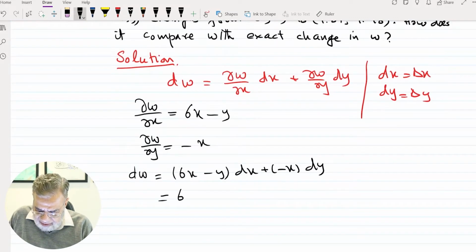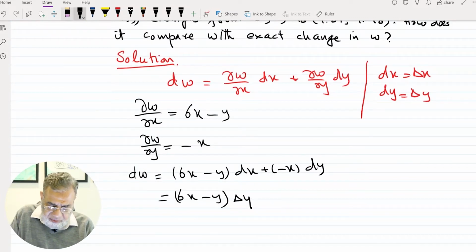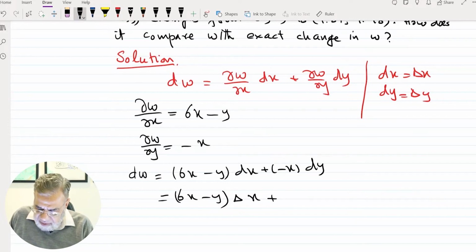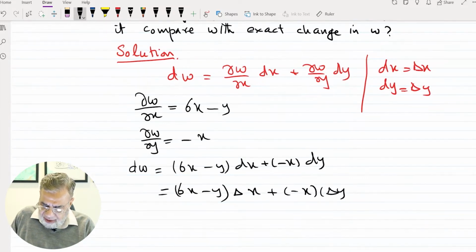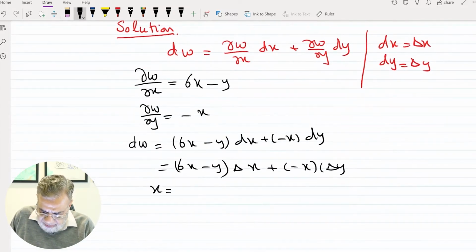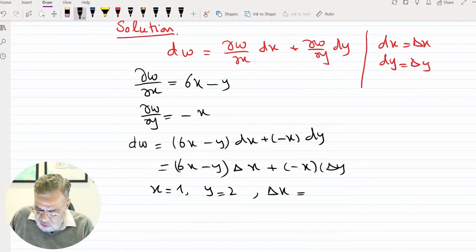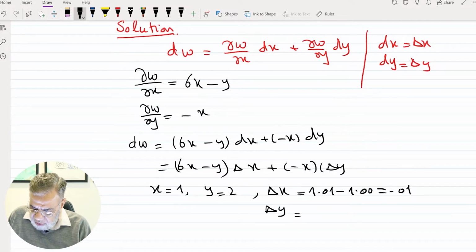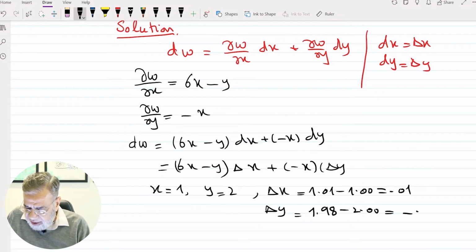So here we can now find the values. This is our 6x minus y into delta x, as I showed you, because this is an independent variable and dx is equal to delta x, we can change it, plus minus x into dy, which is equal to delta y. Now as before, the value of x is equal to 1, the value of y is equal to 2, then our delta x is equal to x2 minus x1 is equal to 0.01, our delta y is equal to y2 is 1.98, minus 2.00 is minus 0.02.